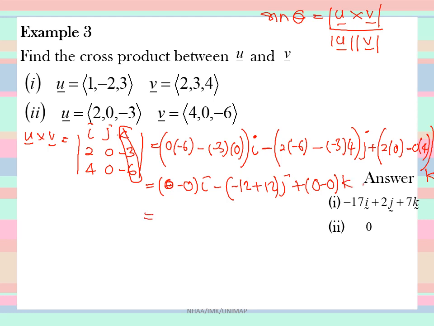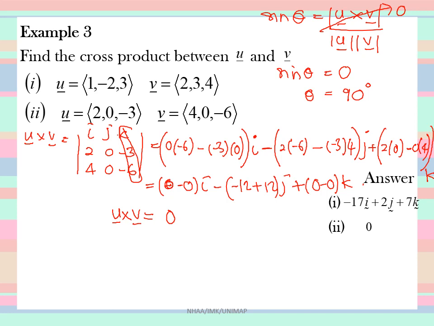So this is equivalent to 0. You see here, the cross product of u and v is equal to 0. When you apply this, sine theta will be equal to 0, and so theta is 0 degrees.